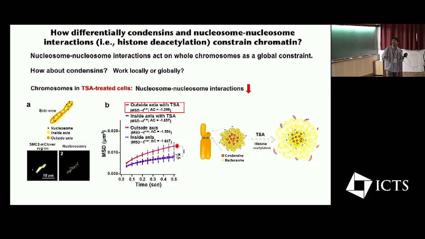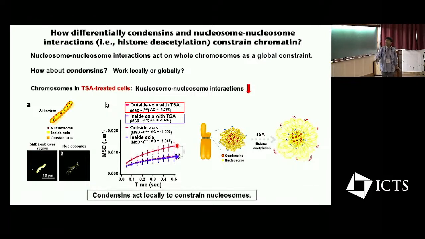What we found is that nucleosome motion outside the chromosome axis is upregulated with TSA treatment, whereas nucleosomes inside the axis, the condensin-enriched region, still didn't change. So these results suggest condensins act locally to constrain nucleosomes.